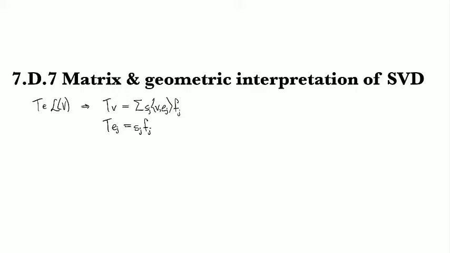So in other words, it's taking one ONB to another ONB and then scaling the latter by the singular values. Okay, so now I'm going to use the standard terminology for the matrices here, which unfortunately conflicts with our terminology. So let's see.